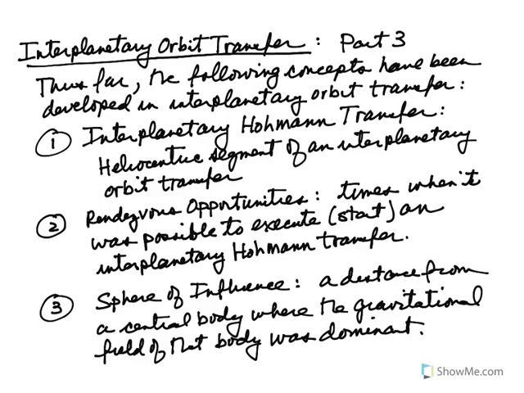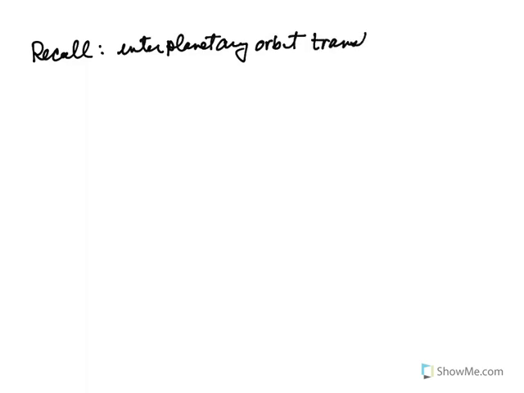So in this particular lecture, we're going to piece together the next parts of this, because if we recall, an interplanetary orbit transfer is comprised of 3 parts.